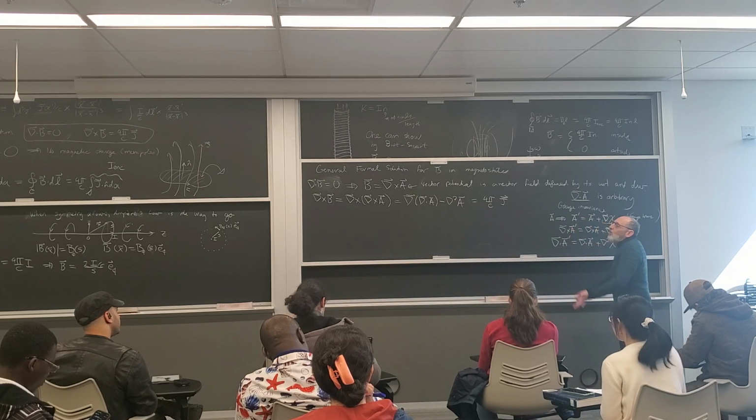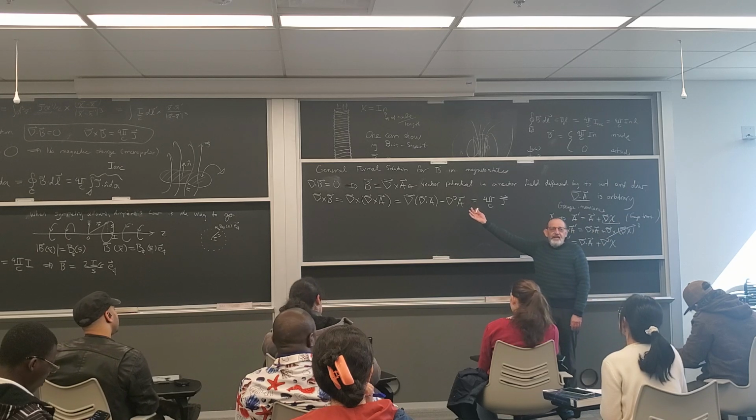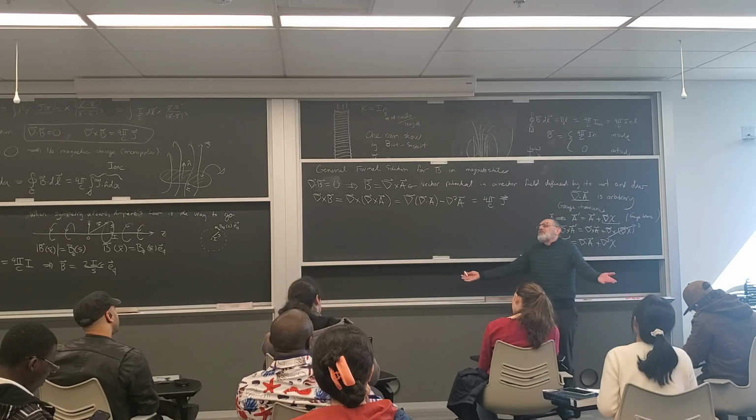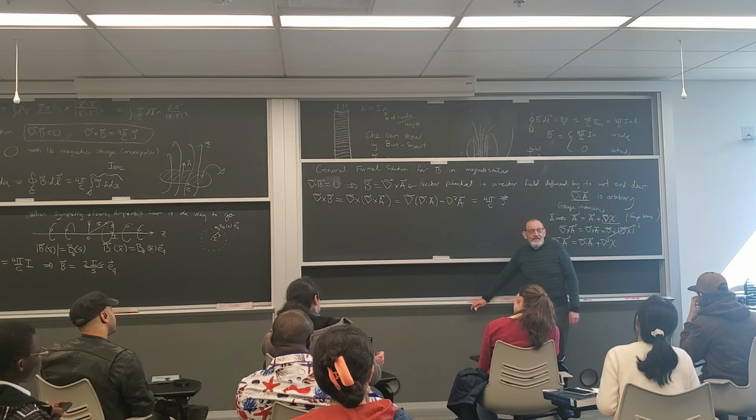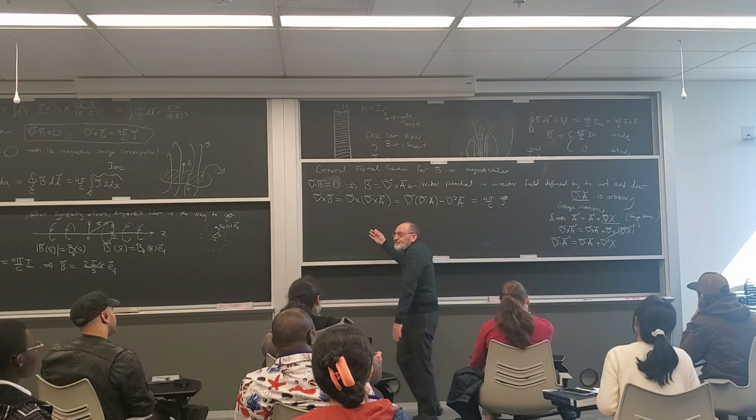Okay, so if you had your druthers and you had this equation, what would you choose the divergence of A to be? Well, you can choose it any way you like because it doesn't matter. 0. Why not choose it to be 0? That's the easiest choice.